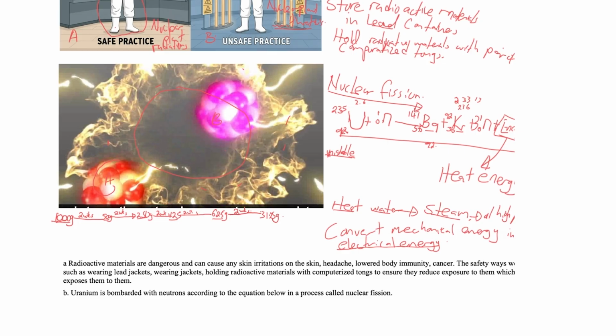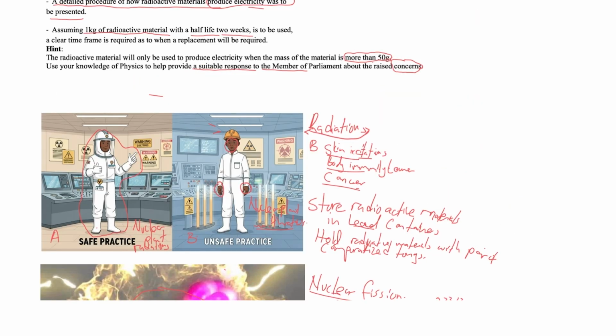So we have exceeded. Our limit was to have a mass that is greater than 50 grams. And after 10 weeks, of course, you've gone from 1,000 to 31.25. We have a total of 10 weeks. So remember, we have been given a time frame, which is required as to when replacement will be required.